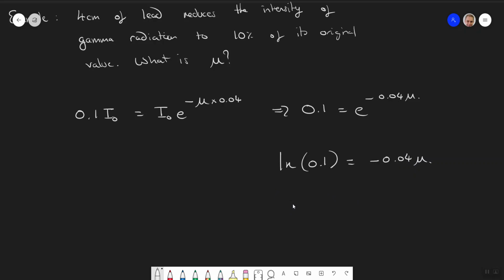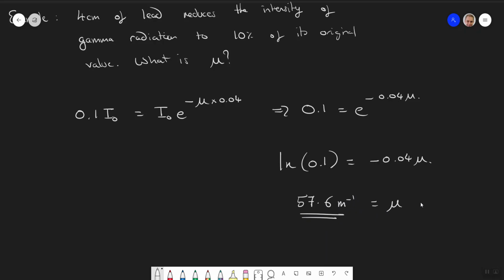That gives us a value of mu, and I need my calculator for this. So mu is log of 0.1 over minus 0.04, and we get an absorption coefficient of 57.6, and the unit, because this is in meters, must be meters to the minus 1.